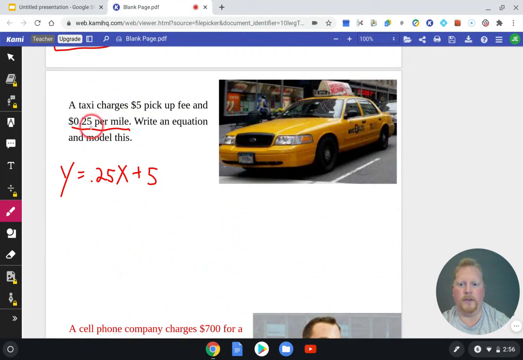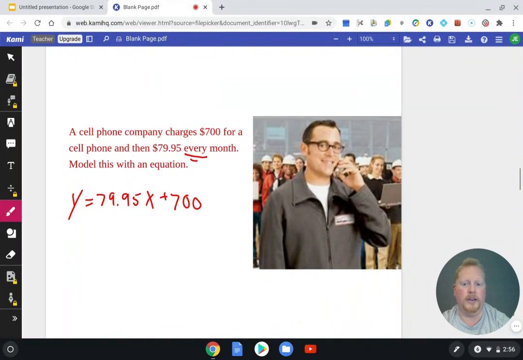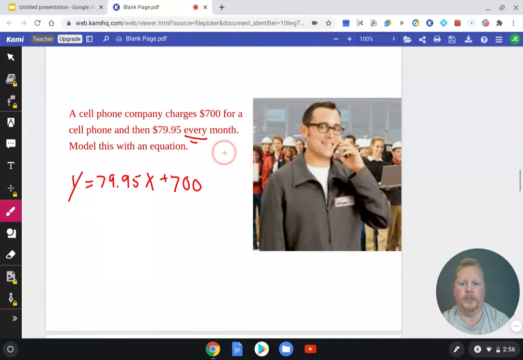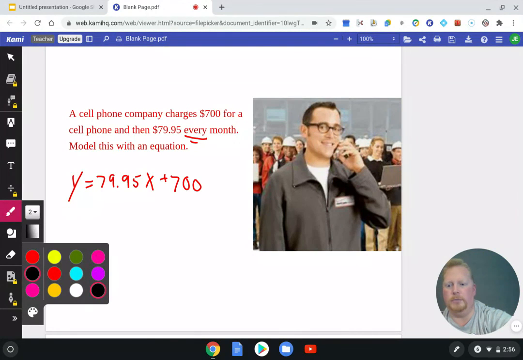Up here, it was 25 cents per mile. That's what x represents, is the number of miles. So when you find the phrase per, for each, or for every, the number going along with that is your slope. Whatever quantity after that is what x represents. So if I'm going to do this for 10 months, all I have to do is plug in 10.